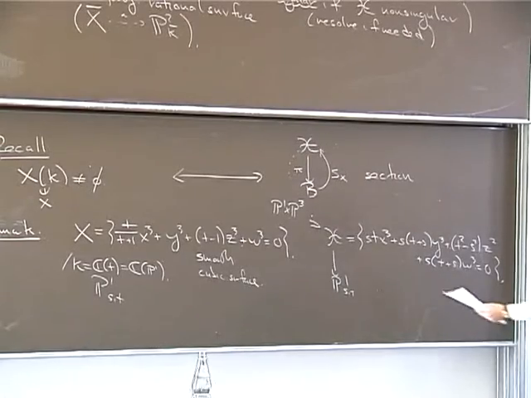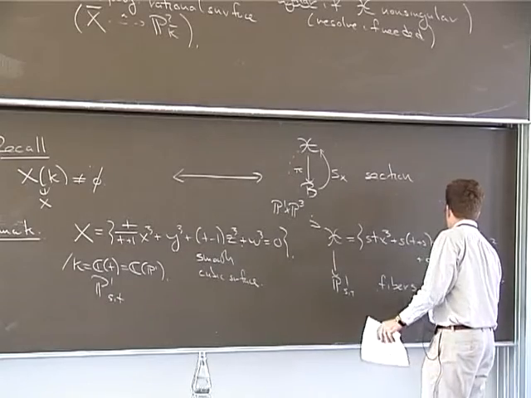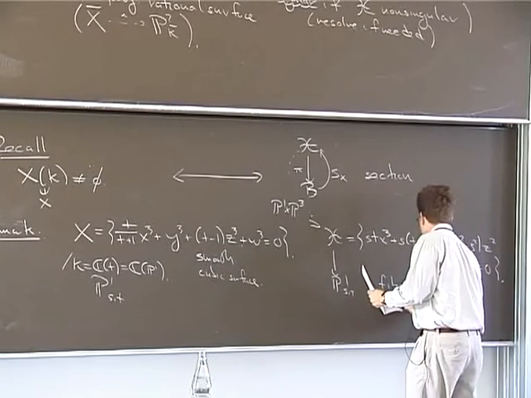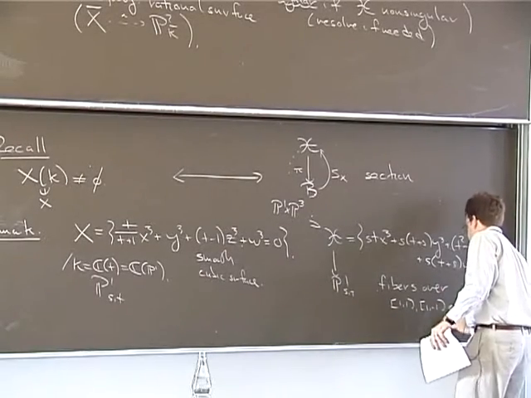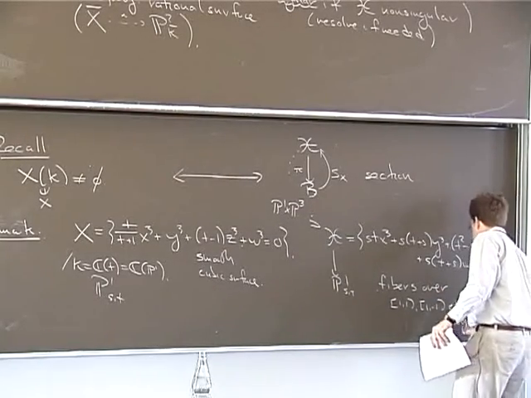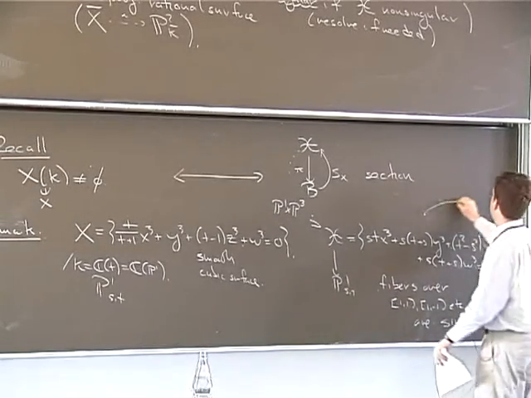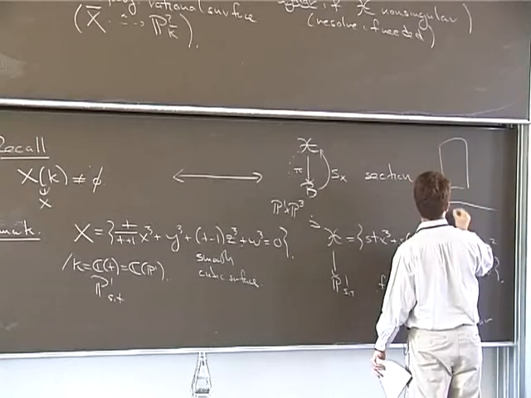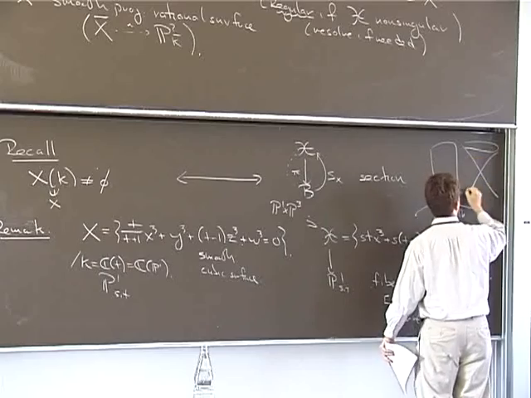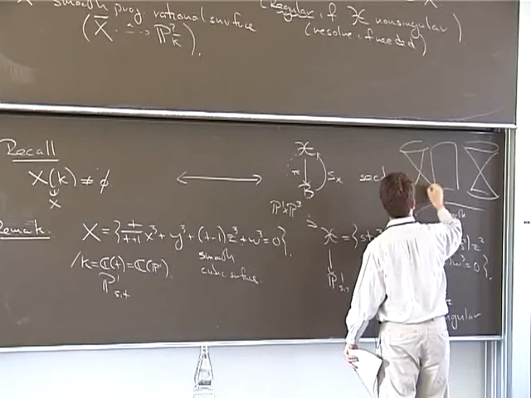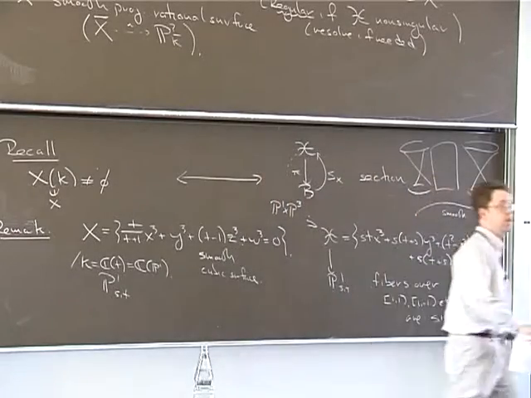So for example, if I look at the fiber over the points 1, 1, 1, minus 1, etc., these are singular. And so whenever I take these models, you need to visualize that you'll have some good fibers, which are smooth, and some singular fibers. And you can see the singular fibers just by specializing the parameters at various places.